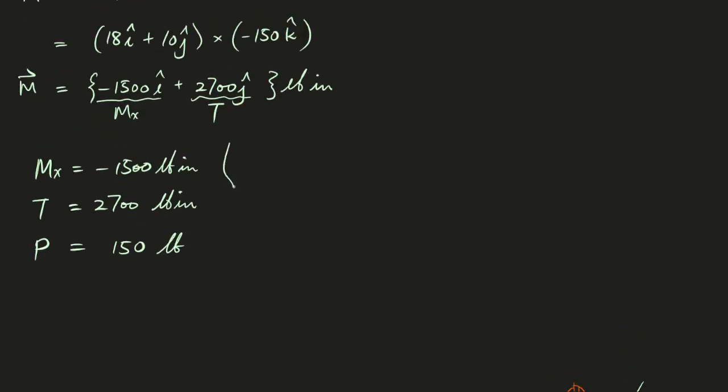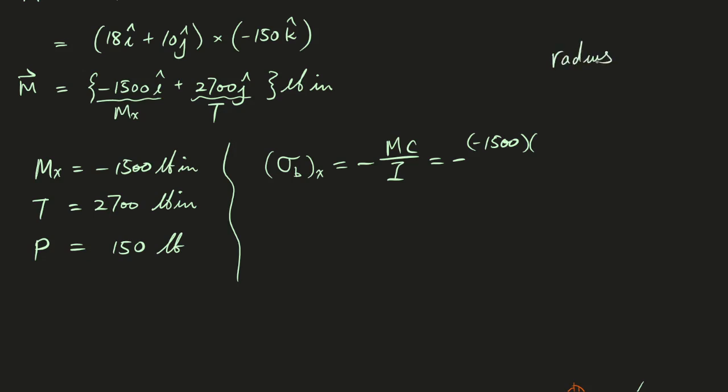And we're going to start nice and easy with bending. So you have your bending stress. That's in the x direction. It's equal to negative Mc over I, which is, now, if you look up, radius is 0.6 inches, and I here, it's a solid shaft or solid round.